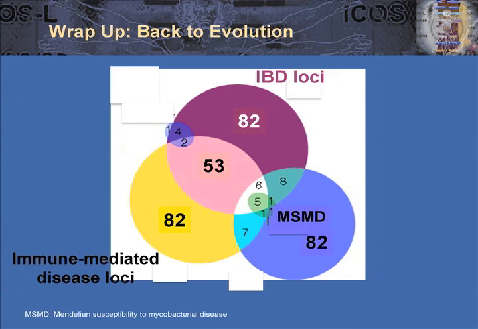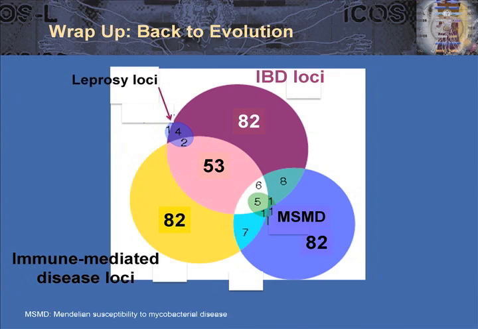What's really interesting, and I highlighted earlier in my talk, is that over half of these loci are actually shared with other chronic inflammatory and autoimmune diseases, including psoriasis, the spondyloarthropathies, multiple sclerosis, rheumatoid arthritis, and type 1 diabetes. Well, evolutionarily, the story even gets more interesting.